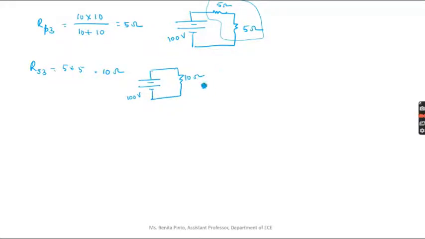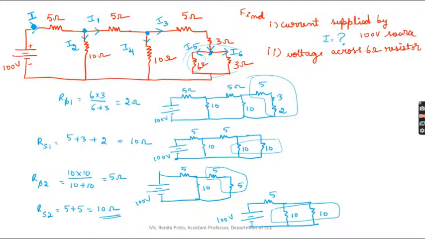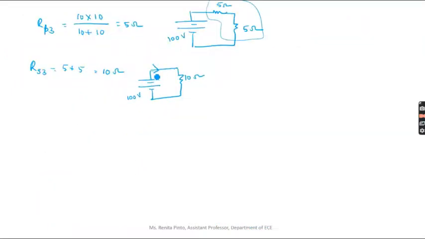The main current flowing through the 100 volt source is nothing but the main current, that is I. From this circuit I'll apply Ohm's law: V is equal to I into R. You know the main supply voltage is 100 volt, the main current is I, and the resistor is 10. So what will be I? 100 by 10, which gives you 10 amps.